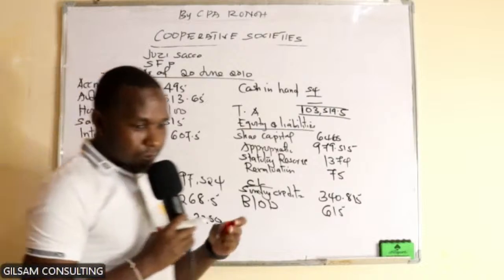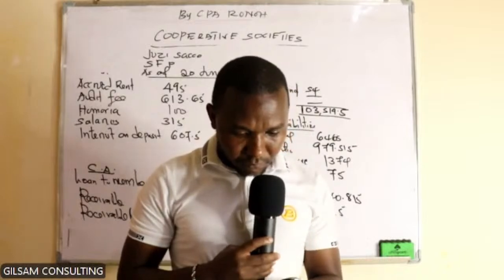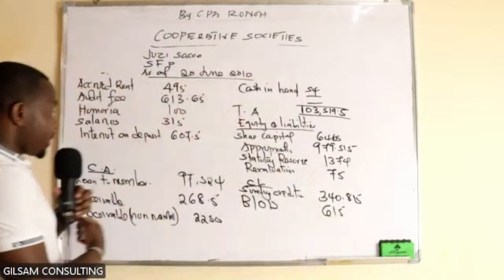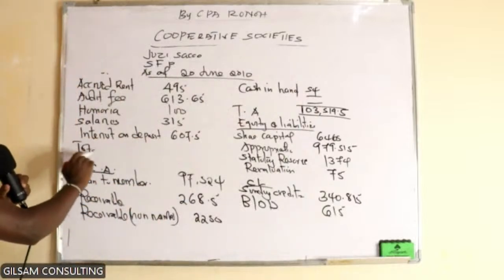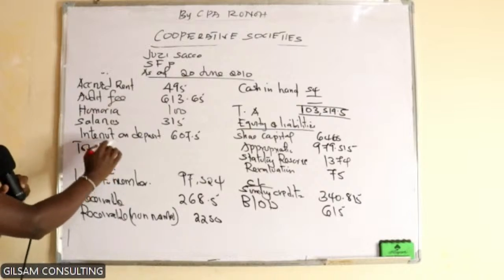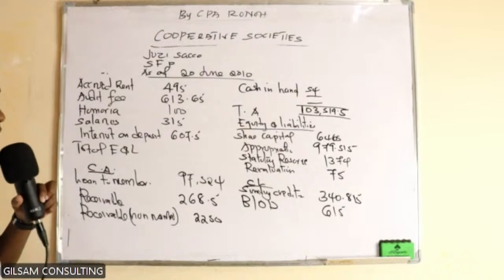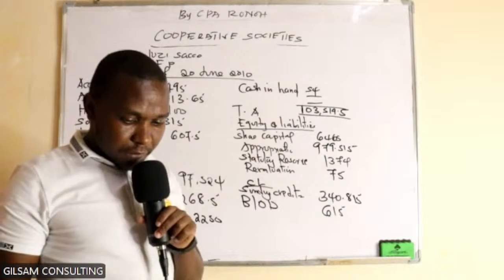Unless kuna kitu tumeacha. So that one will be able to get your total equities and liabilities. Total equity and liabilities, which we have 64, 65.